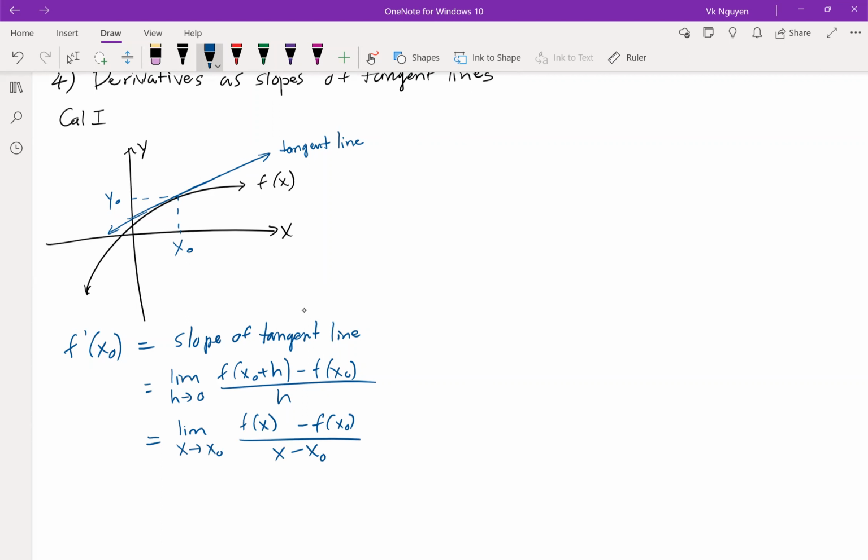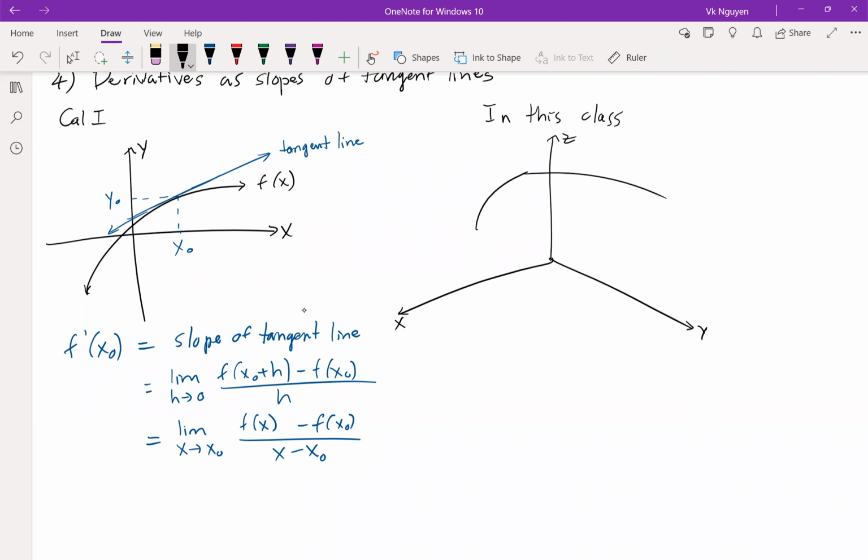So in this class, I apply pretty much the same thing. It's just that we have to deal with surfaces. So in this class, we have a surface. Let's go. This is the surface here.